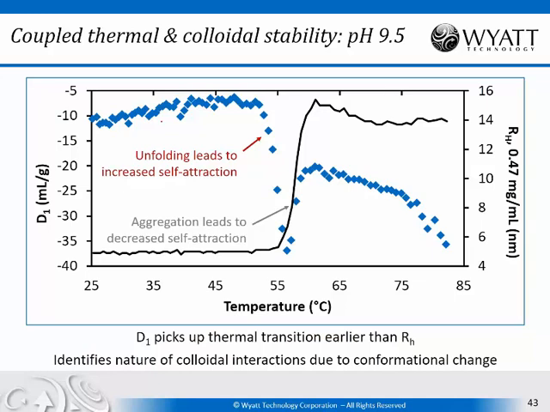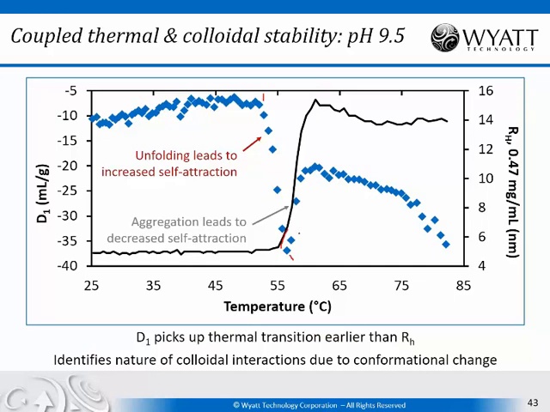And it stays approximately at that value as the temperature increases up until about 52 degrees right here, where it starts plunging to a much lower value. When it reaches its minimum, that's where the effective RH that we measure actually starts increasing. So the onset of aggregation here corresponds to the minimum in the D1 value.